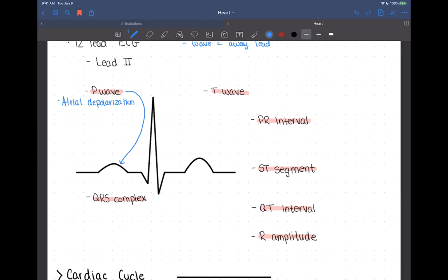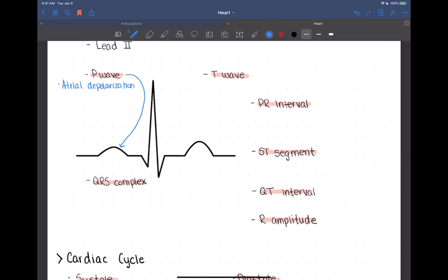That could be followed by atrial contraction, but that's not what the P wave is. It's electrical activity. What's happening here is that electrical information is going from the SA node and being sent out through the atria, and they're depolarizing.